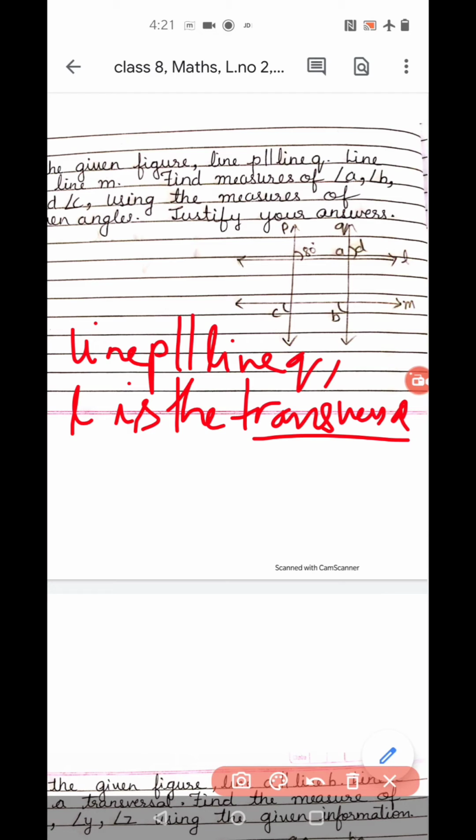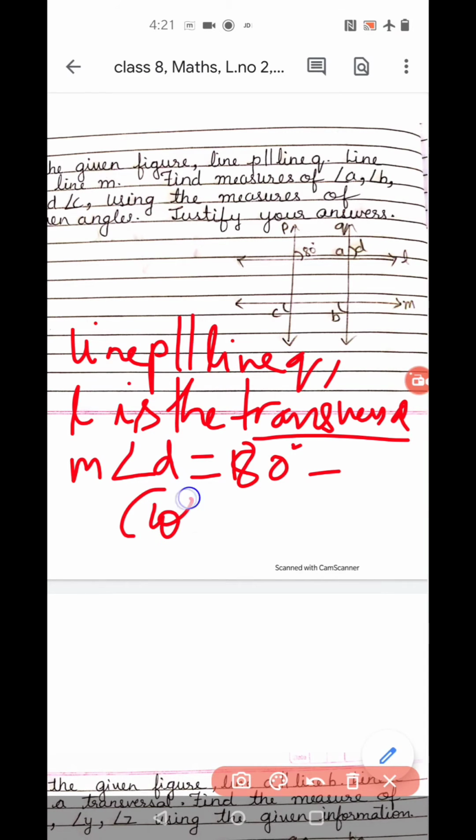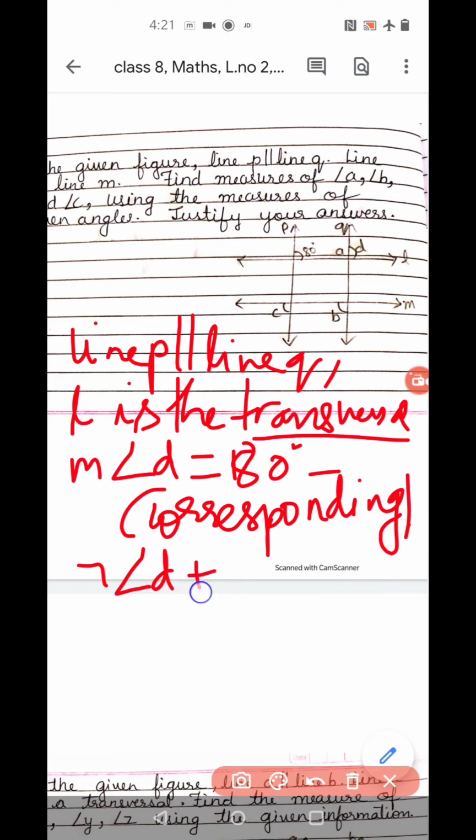So you can see that measure angle D will be 80 degrees. Measure angle D will be 80 degrees because it is a corresponding angle, right? Therefore, measure angle D plus measure angle A is equal to 180 degrees. They make a linear pair, and you have to write the reason why.